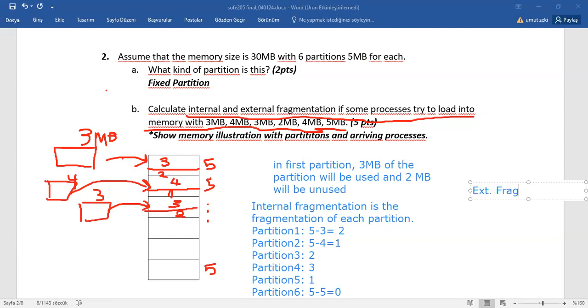External fragmentation is 2 plus 1 plus 2 plus 3 plus 1 plus 0, there is no effect. So it will be 9 megabytes, I think. Okay.